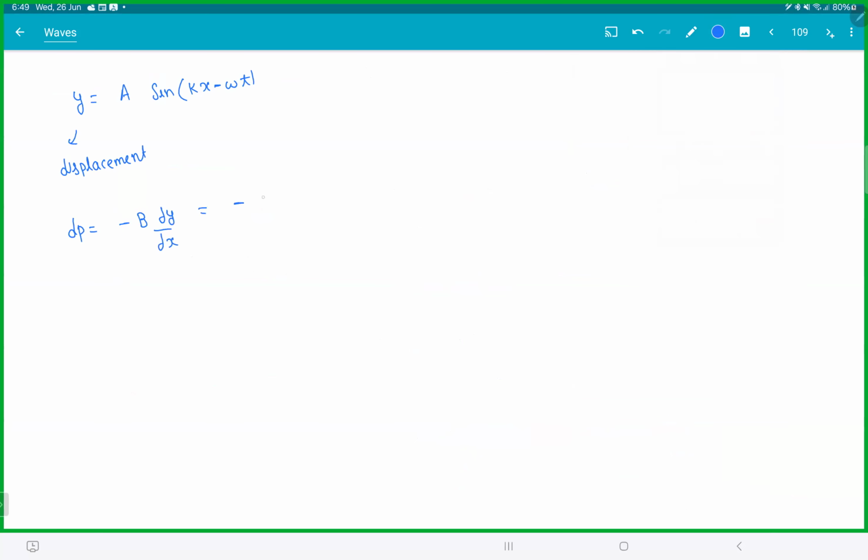If I differentiate this, you end up with minus BAK cos(kx minus omega t). You can send the sign inside, you end up with BAK sin(kx minus omega t minus 90).